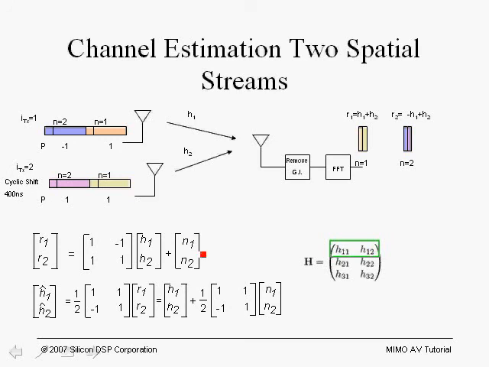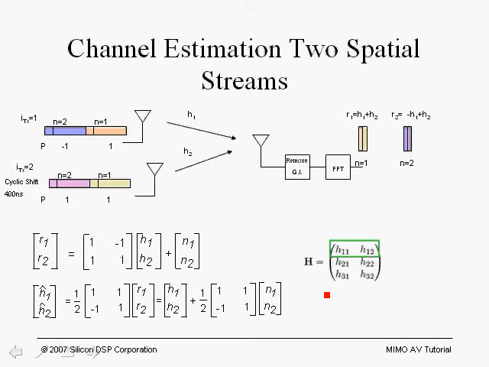And here we're dealing with one antenna at a time, and we're estimating H1 and H2, which is the first row of the H matrix. For the remaining antennas in a 2x3 system, we would perform the same operation for estimating H21 and H22, and also for the third antenna, H31 and H32.